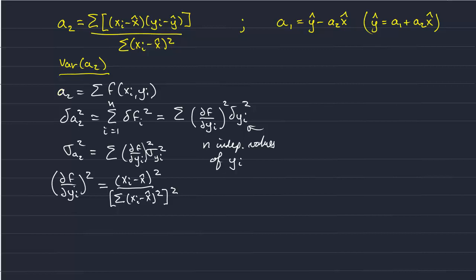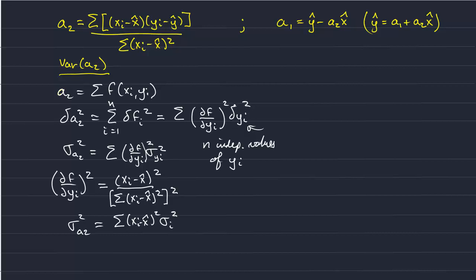And then the variance of a2 is the sum of all that times sigma i squared, the deviation of each measurement from, again, the regression line. Because that's our estimate, right.